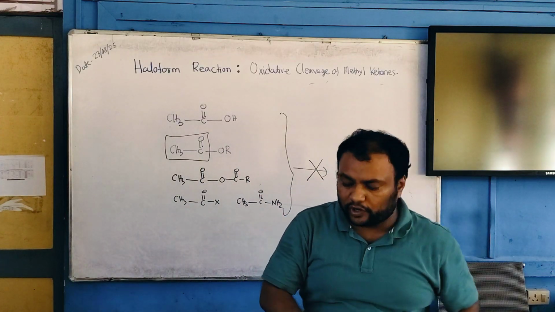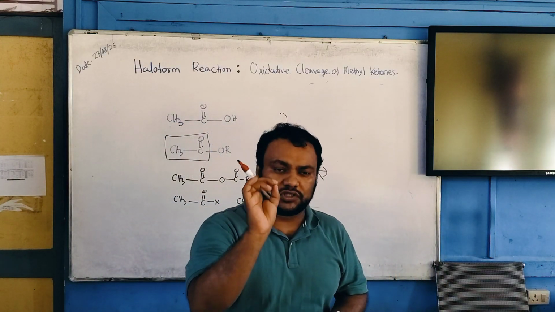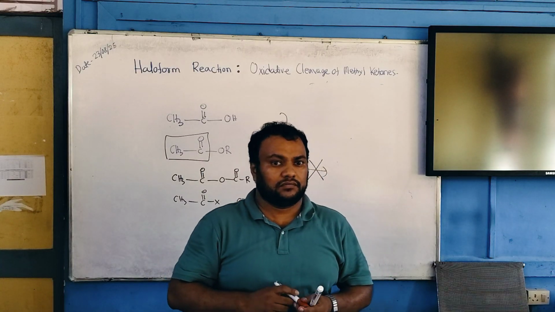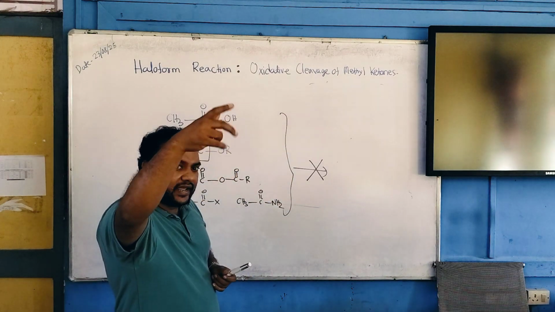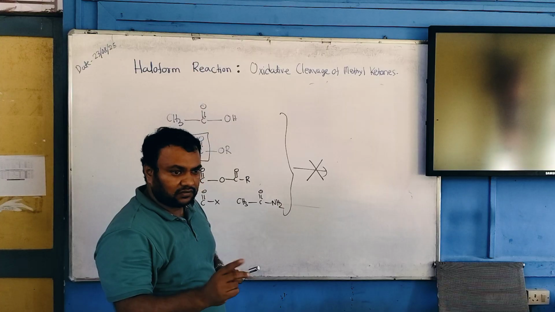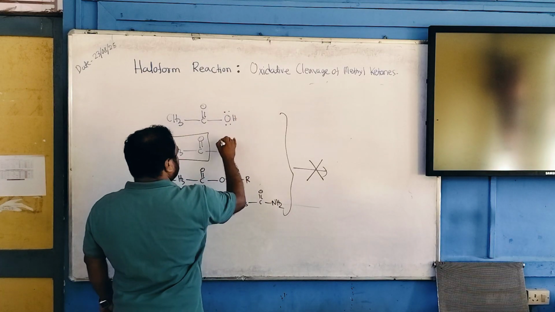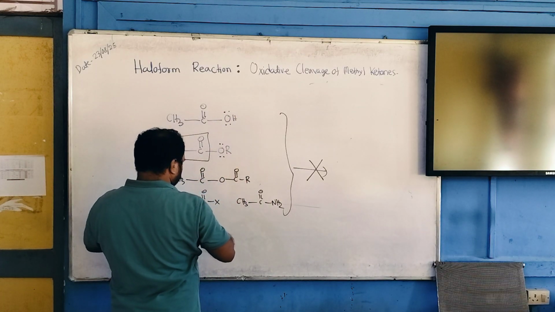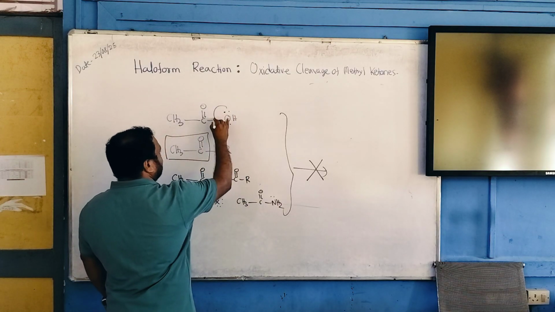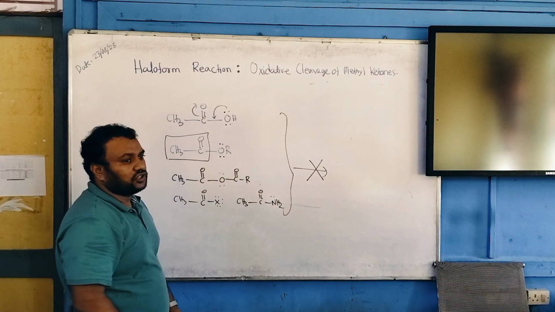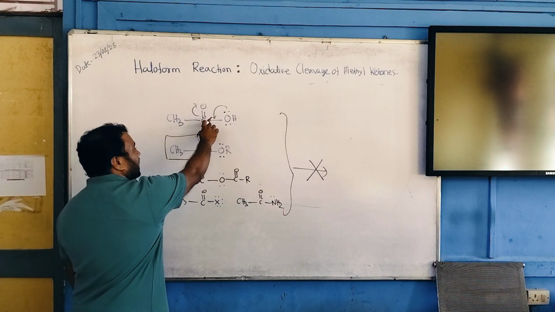Why? This is important. See, in a haloform reaction, what is the most crucial step? The first step, formation of enolate, right? If enolate is formed, the remaining reaction will be faster. The first halogenation will be faster, then the second halogenation, then the third. But whenever there is a heteroatom connected to this, there is resonance or conjugation with the carbonyl double bond, which decreases the positive charge density of this carbon.